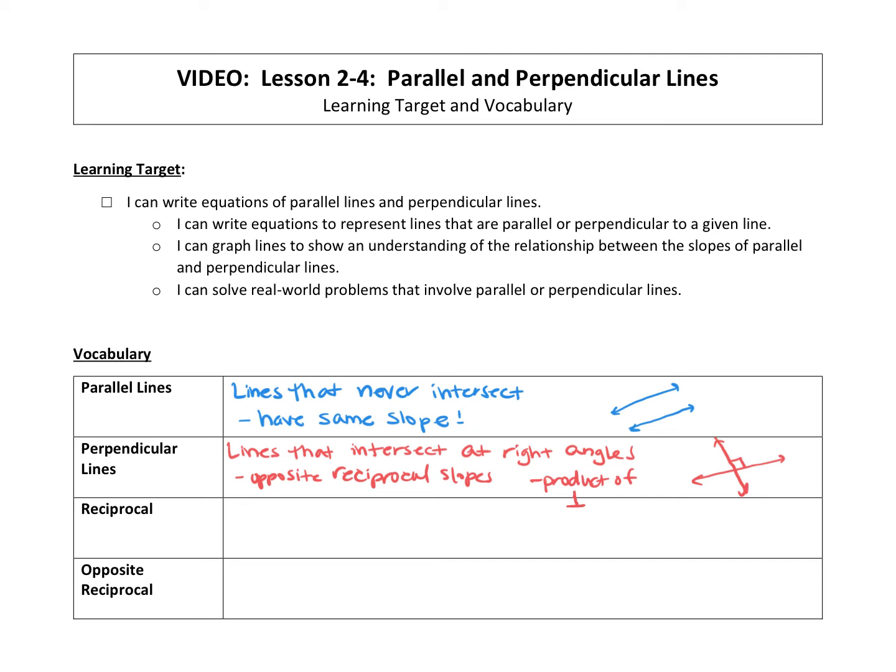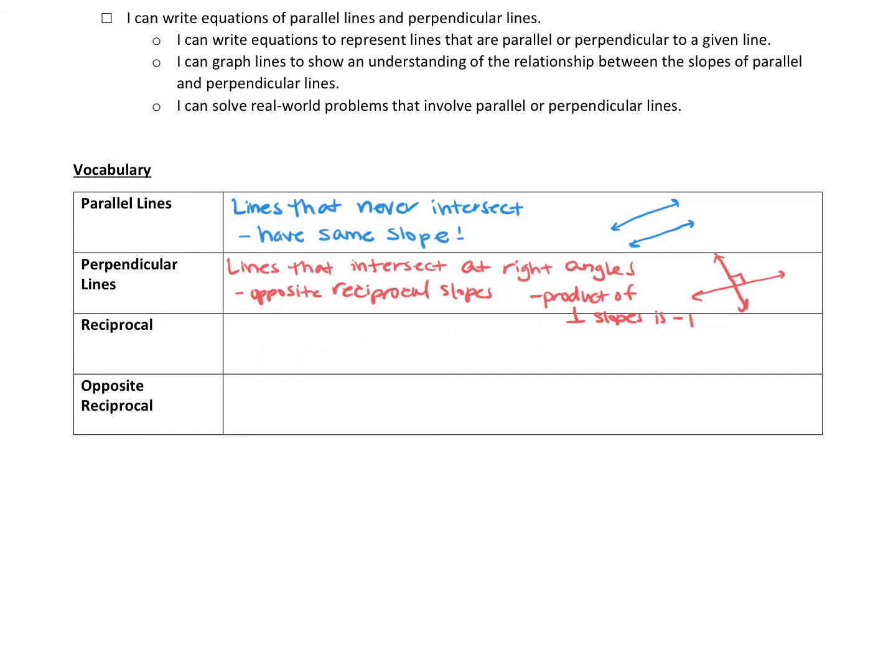So the product of perpendicular slopes is -1. What that means is, if you have the slopes of two perpendicular lines and you multiply those slopes together to find the product, you will get -1 if those lines are in fact perpendicular.